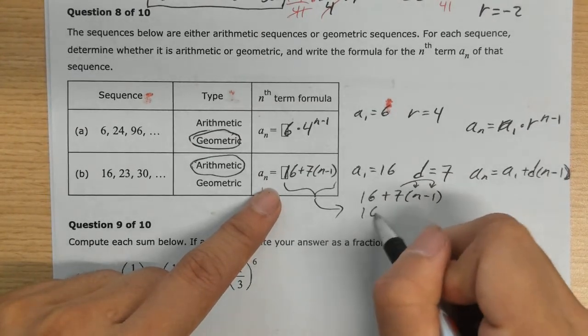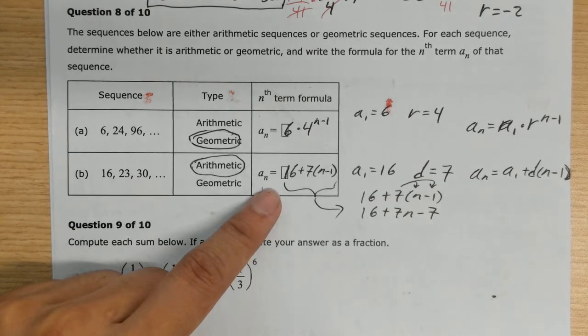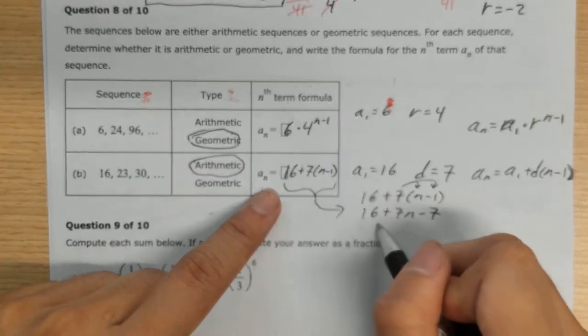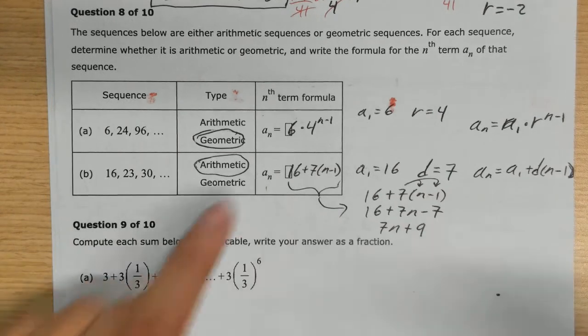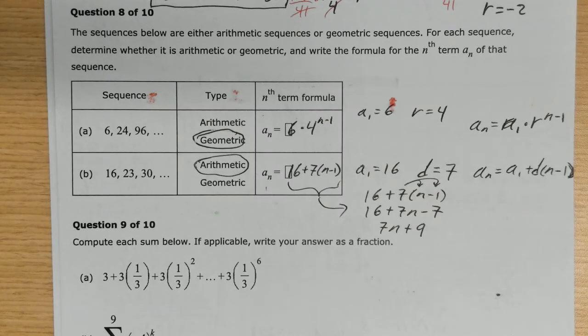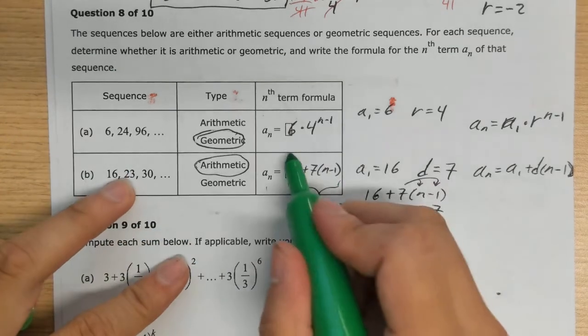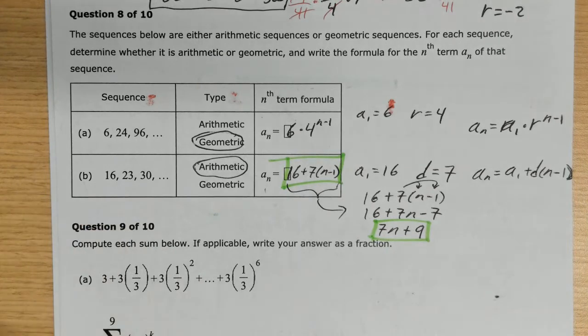That will give you 16 plus 7n minus 7. So this simplifies to 7n plus 9, or 9 plus 7n. Whichever you get is perfectly fine. So two solutions for this one: this could be a solution, and this is the simplified solution.